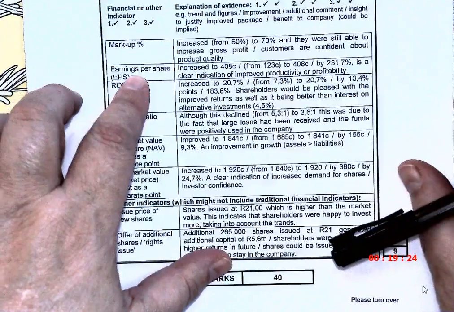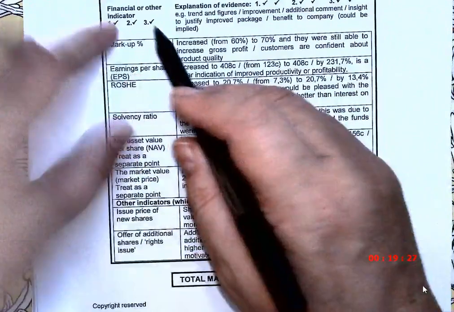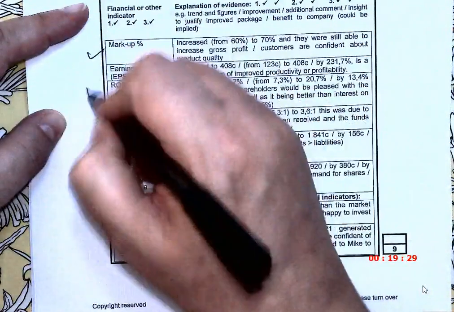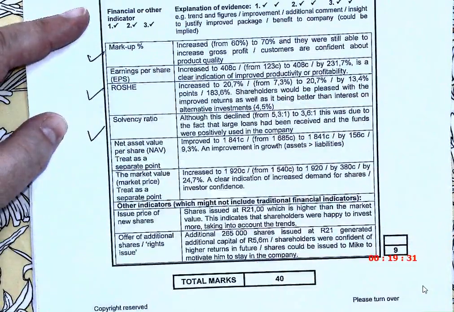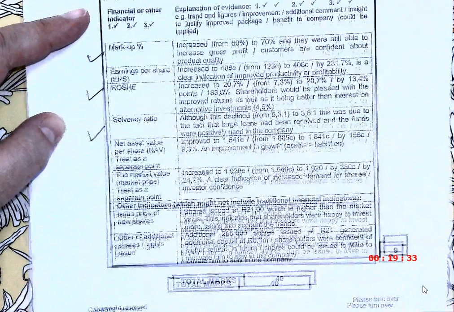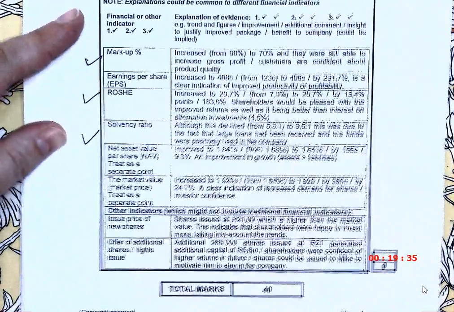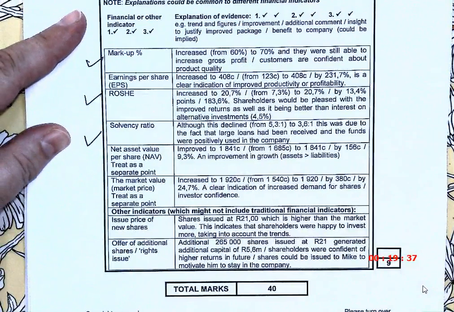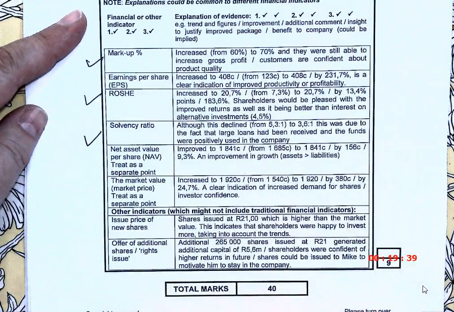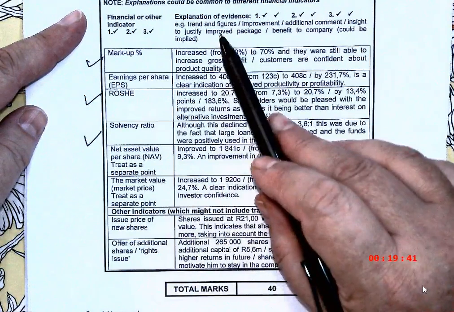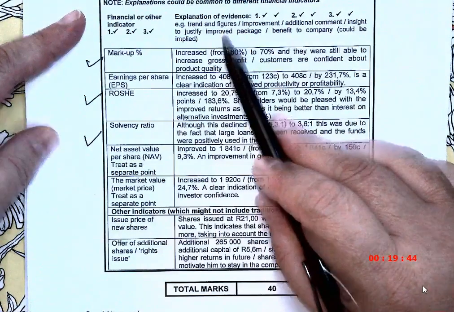So now let's look. It's 1 point for the financial indicator, so that's already 3 points. Okay? Then for the evidence and explanation, in other words, if you show the trend and the figures, it's 2 ticks each.